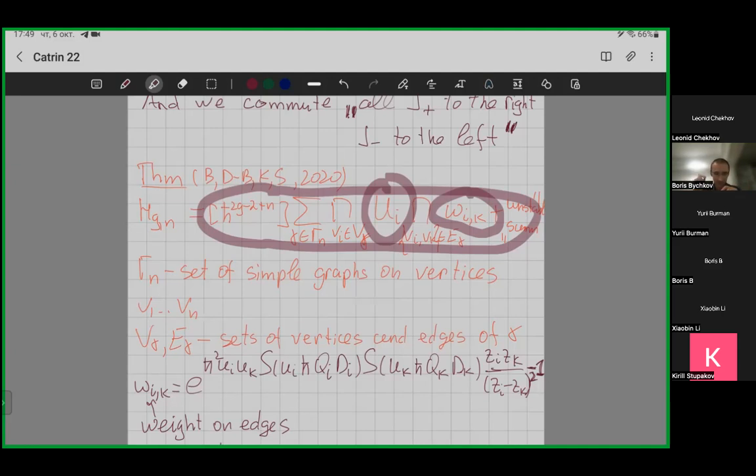But as I said yesterday, there is another reformulation of these quadratic loop equations, which we're using here.